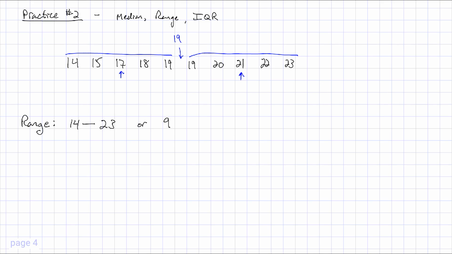So in the bottom half, 17, that is our first quartile. 21, this is our third quartile. So our interquartile range can be reported as either the range of those values, 17 up to 21, or as the difference between 21 and 17, which is 4.